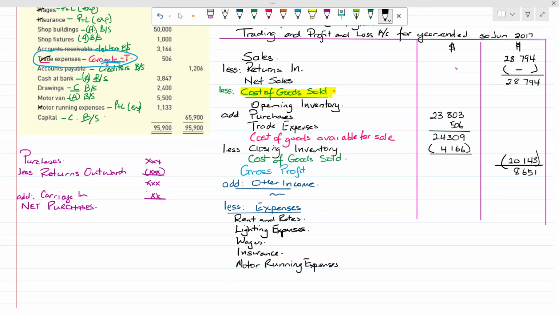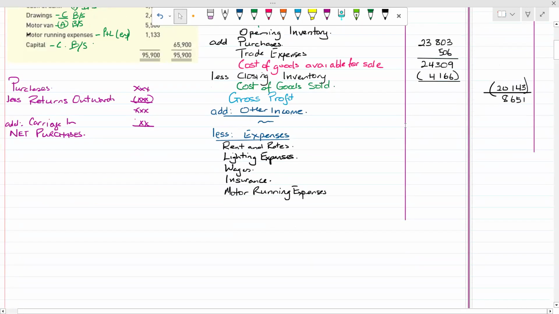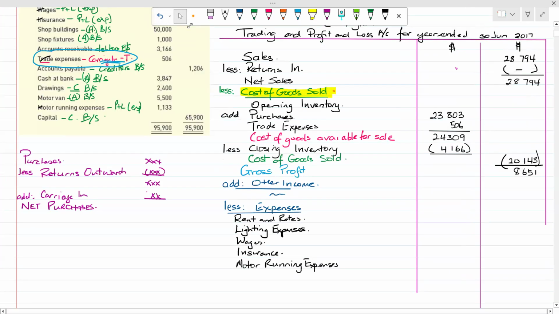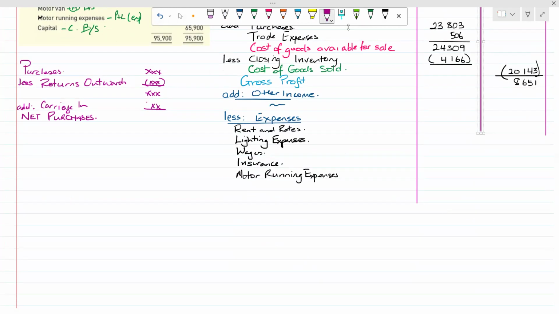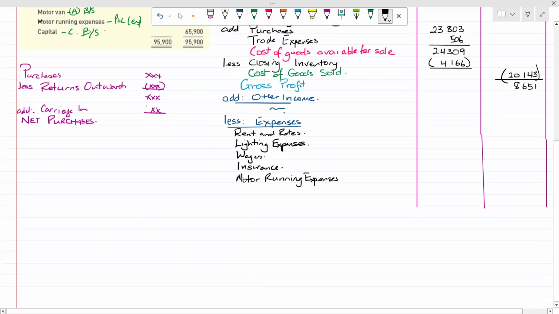Now what we'll do now is we come in our tally column. Extend these lines a little bit and drop these figures in. So rent and rates was $854.